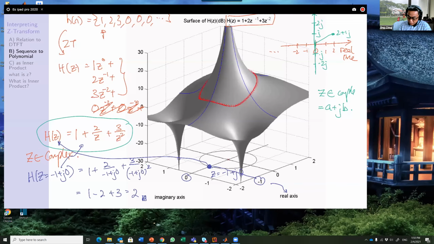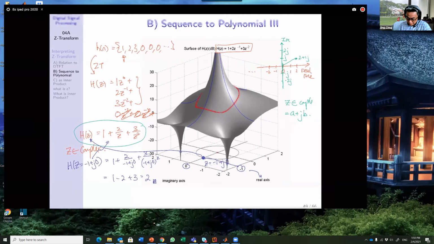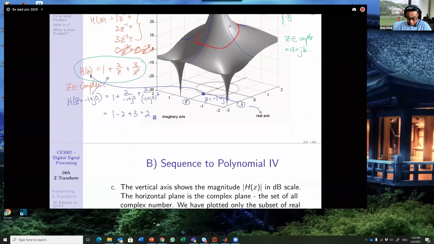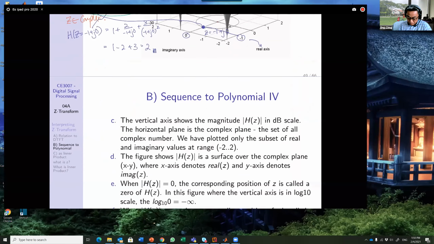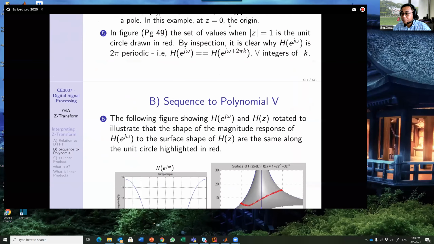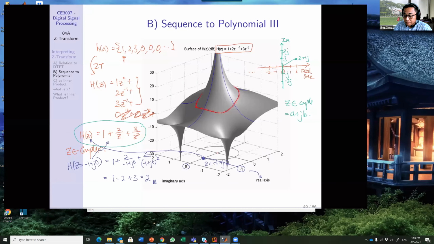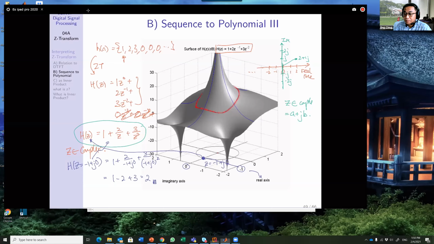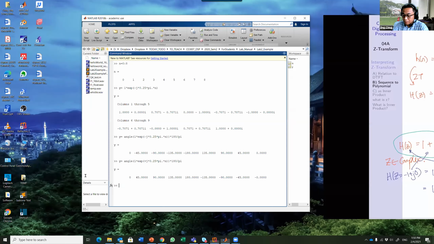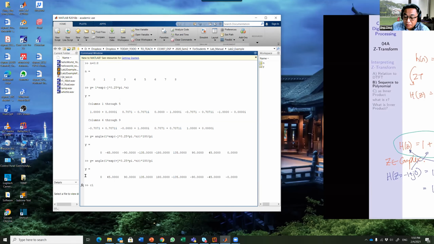Okay, and how do I know if I'm getting it right? I'm going to use MATLAB and show you. Okay, MATLAB. So clear. So z equals minus 1 plus j times 0.